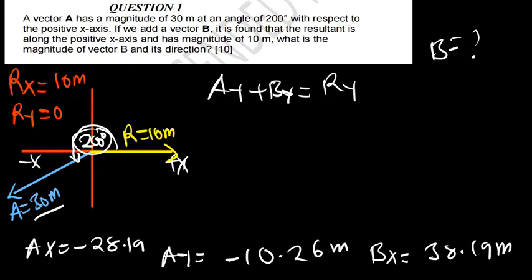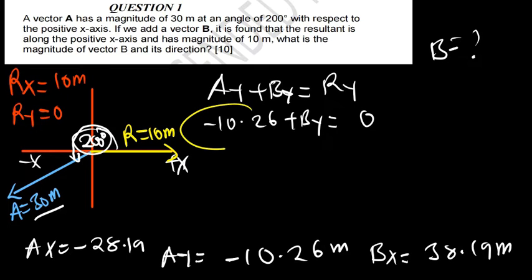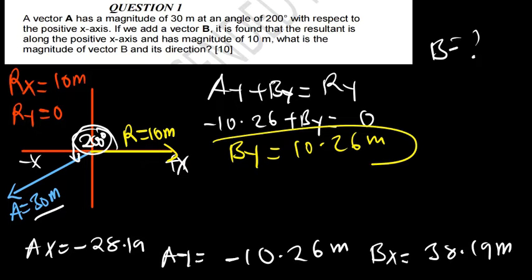Ay is negative 10.26, plus by which we don't know, then ry is 0. Shift this to the right-hand side, so by is equal to 10.26 meters. This is the y component of vector b.